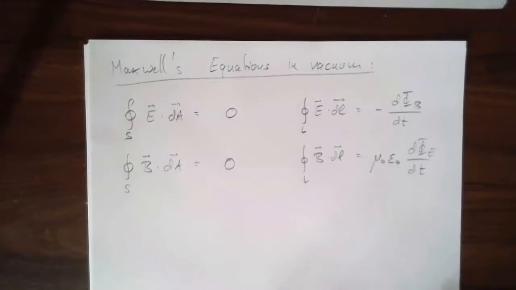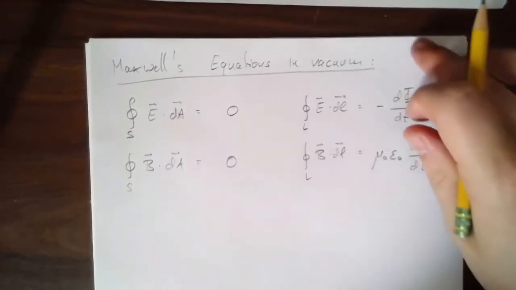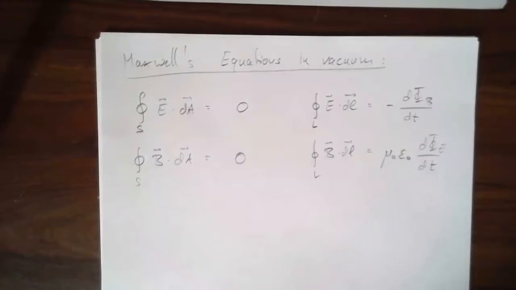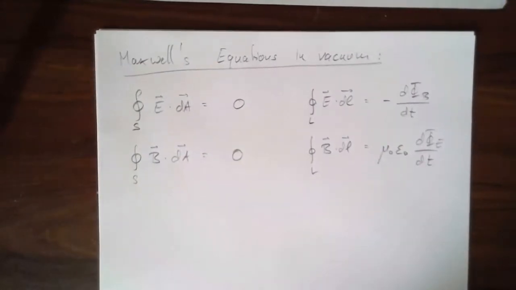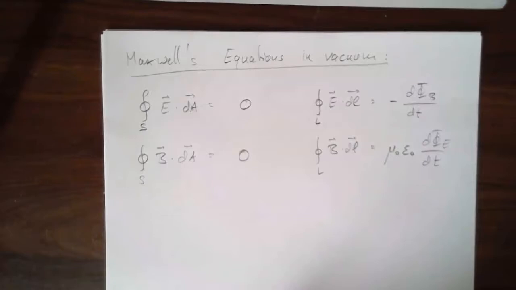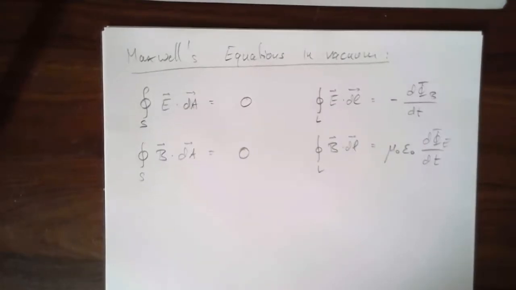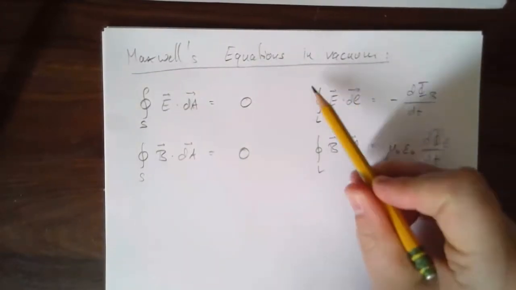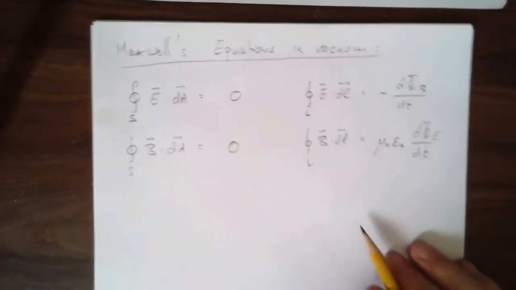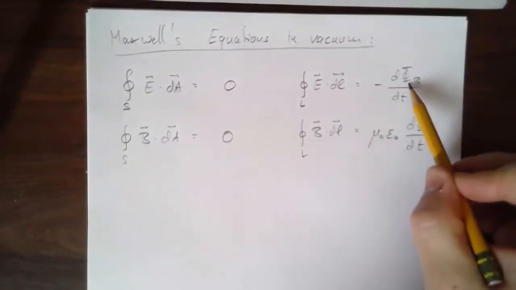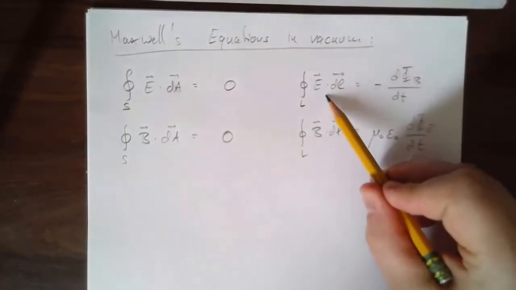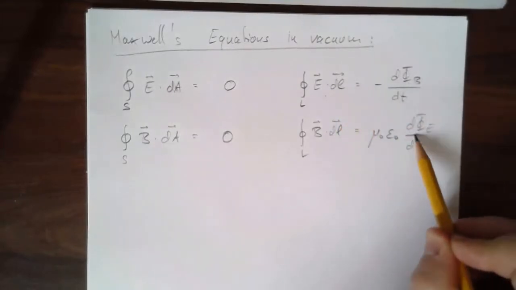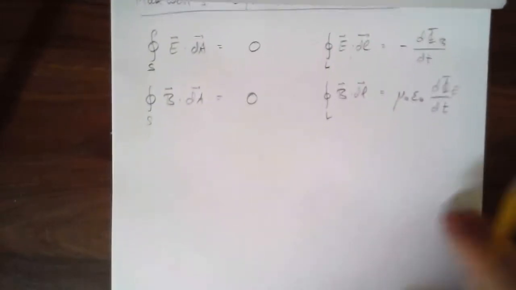We're not going to be mathematically rigorous here because it would require a bunch of multivariable calculus and a bunch of theorems to actually make sense of all of this. The key insights that we already stated are here, and they are: changing magnetic fields cause electric fields, changing electric fields cause magnetic fields.